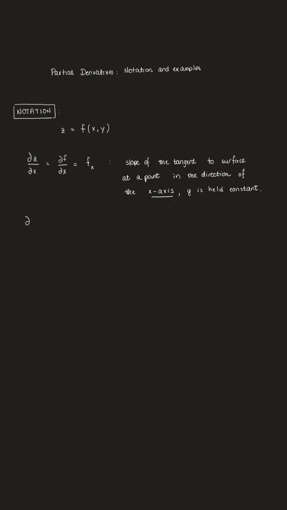The notation del z del y, which can also be written as del f del y or f with a subscript of y, this will give us the slope of the tangent line to the surface at a point in the direction of the y-axis.